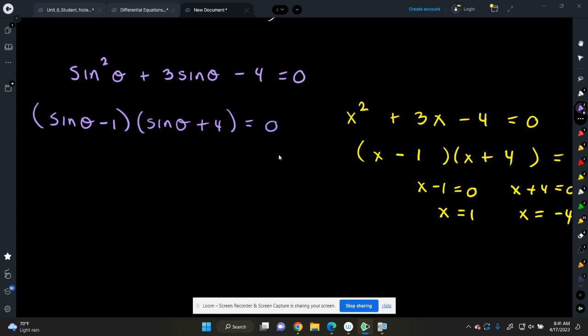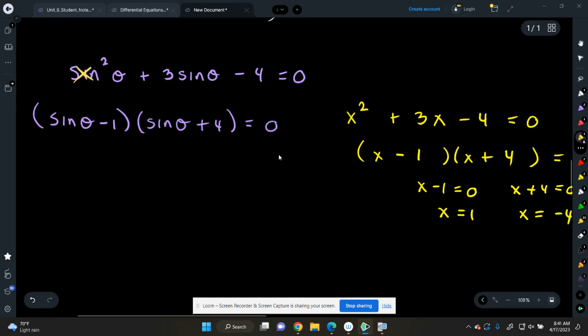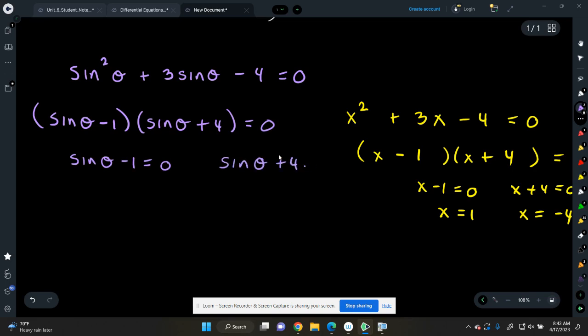It's just that instead of x, just kind of pretend that that's an x and pretend that that's an x. Okay. So now we're still going to use the zero product rule. So that means we're going to say sine theta minus 1 equals 0. Sine theta plus 4 equals 0. So that means sine theta equals 1.